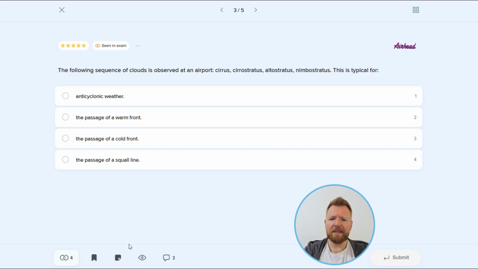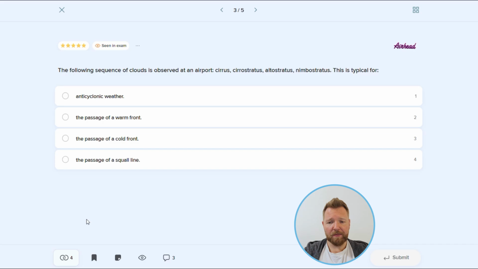As the cloud's base is getting lower, the cirrostratus thickens, forming altostratus. These clouds might be thick enough to produce continuous rain around 200 nautical miles before the front line. Closer to the front, the low-level nimbostratus clouds dominate, and they can extend for thousands of feet above the ground.